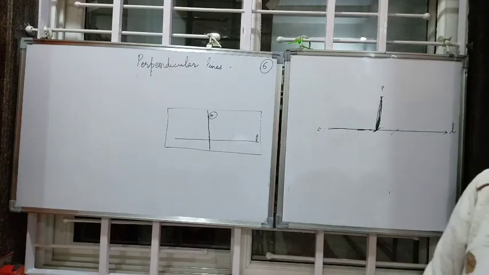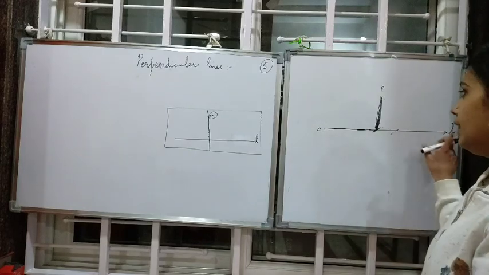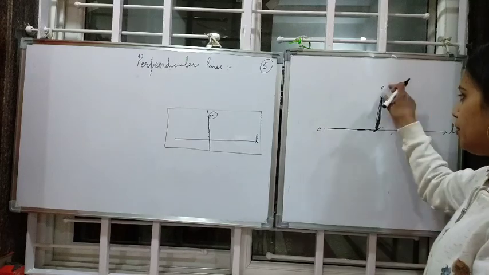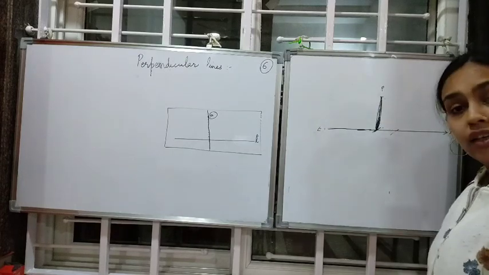So this is your perpendicular line using a set square through line L when point P is not on the line.